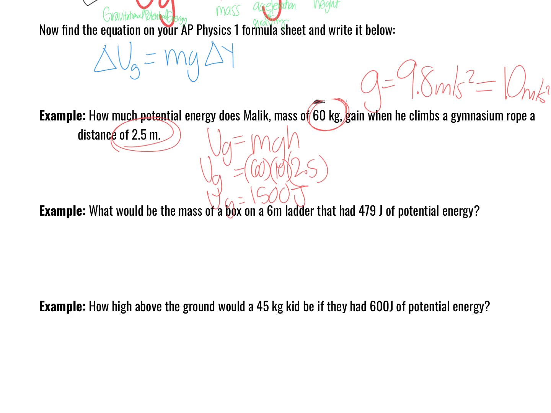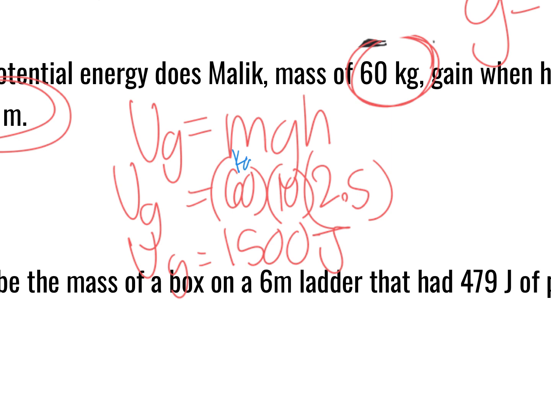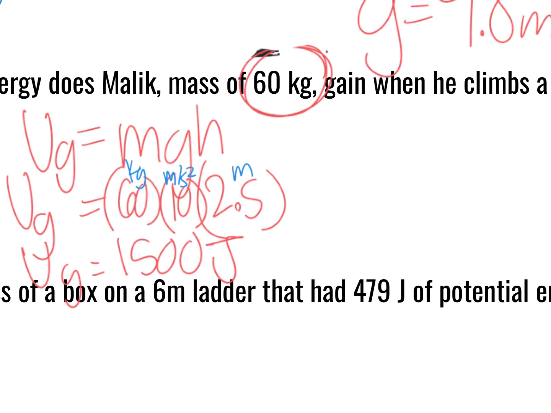And so if you wanted to, this is what you really need to think in your brain. This is a kilogram. This was in meters per second squared. And this was in meters. So technically, your units are doing the same thing that your numbers or your variables are doing. So you're left with a kilogram times a meter per second squared times a meter.